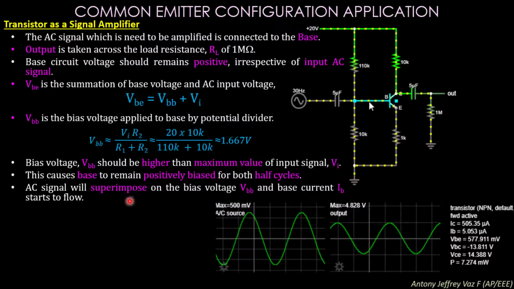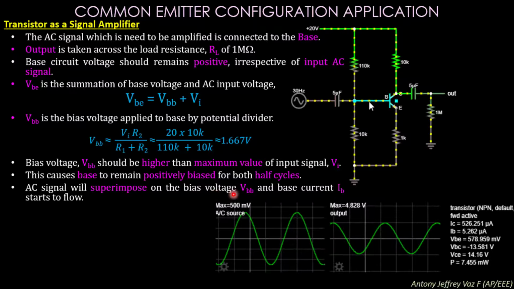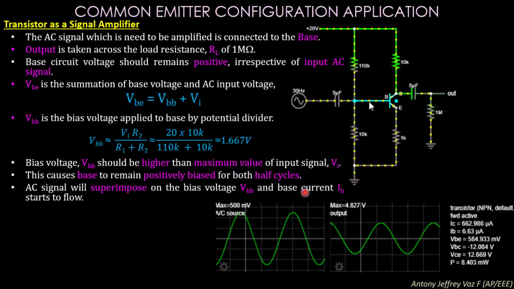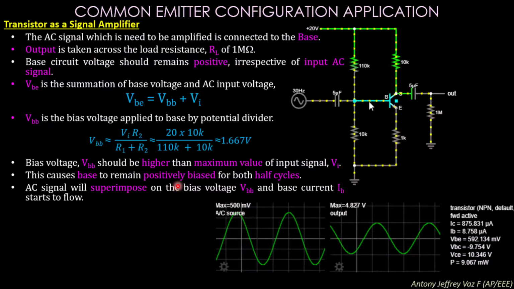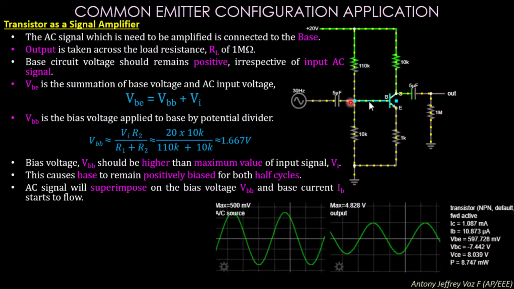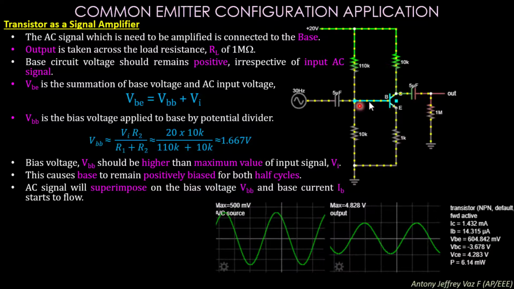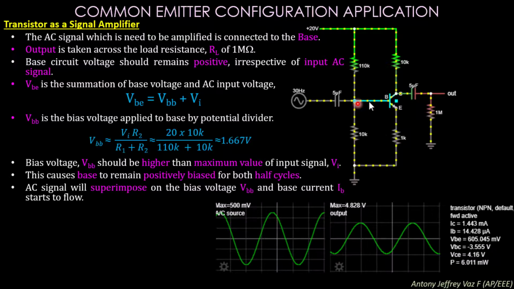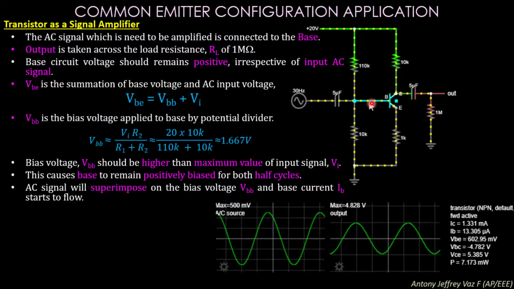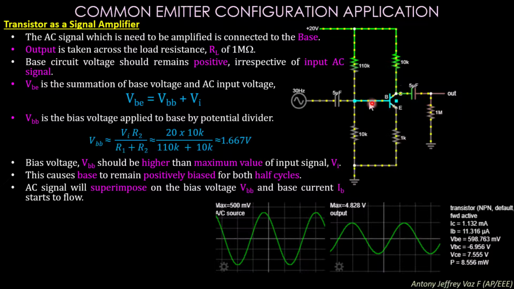AC signal will superimpose on the bias voltage VBB and the base current IB starts flowing. Because you are having a positive signal, and a positive signal is forward biased always, the positive base current will vary as per the signal.